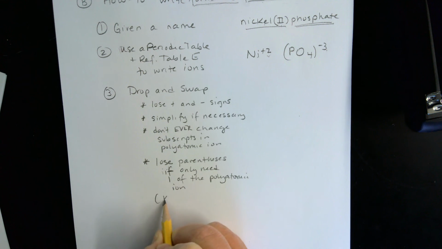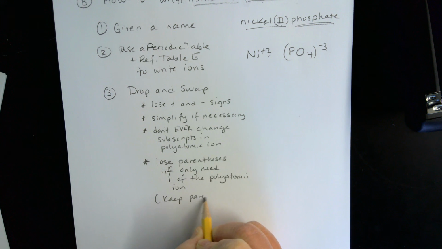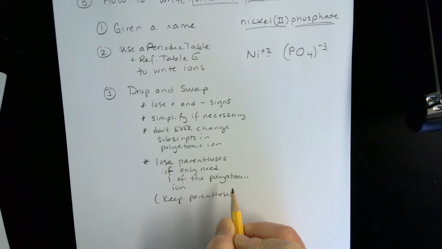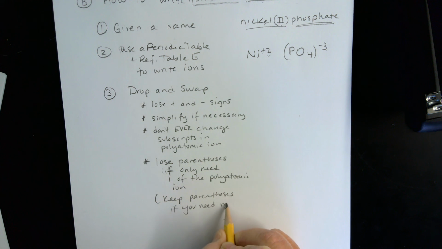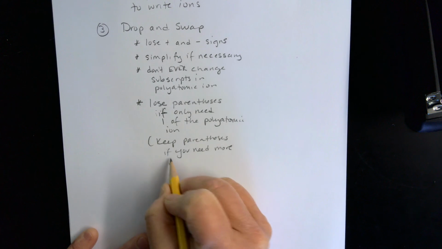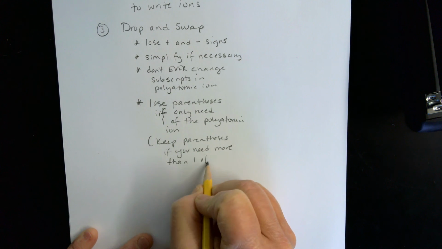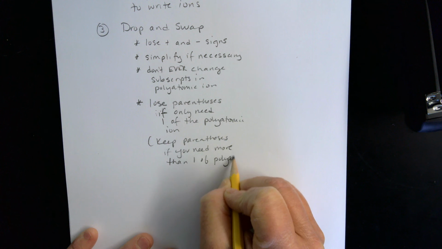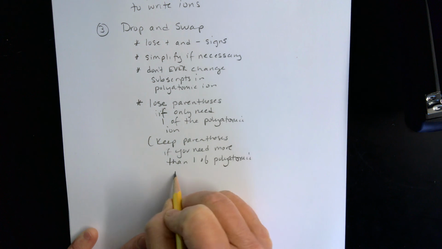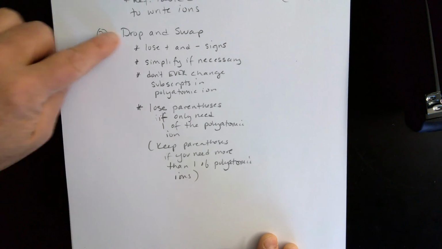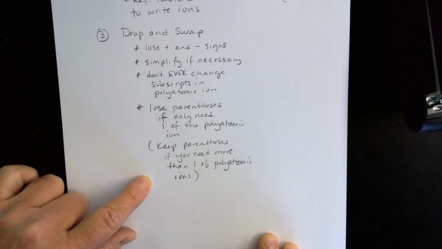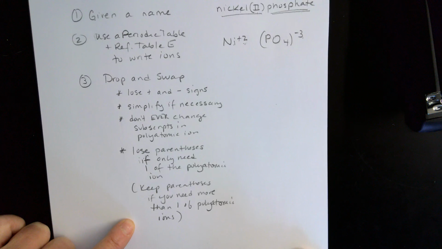Which means keep the parentheses if you need more than one of the polyatomic ions. Whew, that's a lot to remember. For drop and swap, that sounds so simple, but these are all the things you have to keep in mind as you are dropping and swapping.